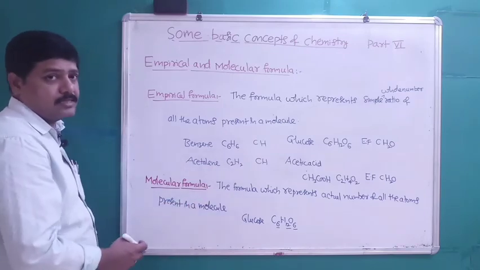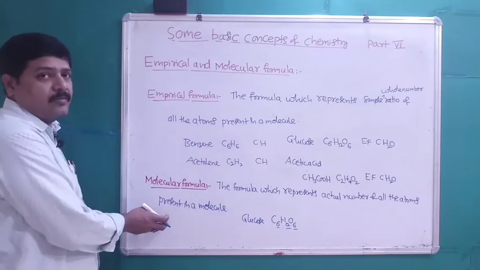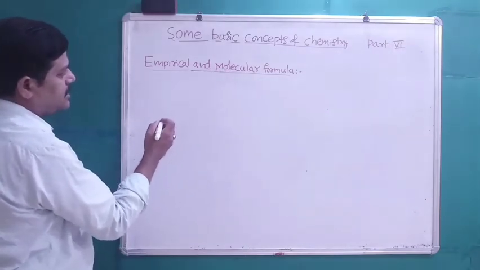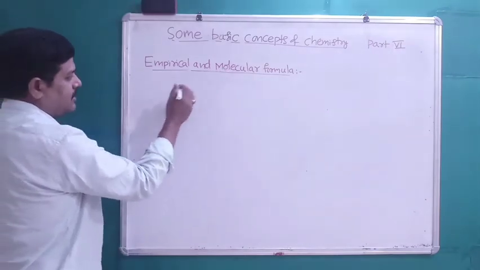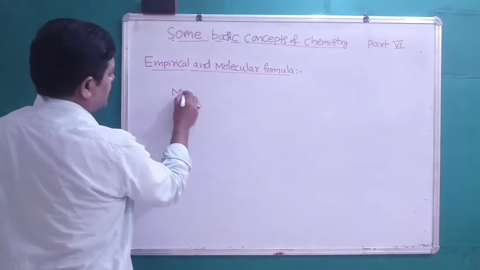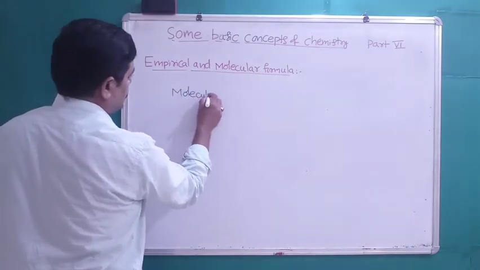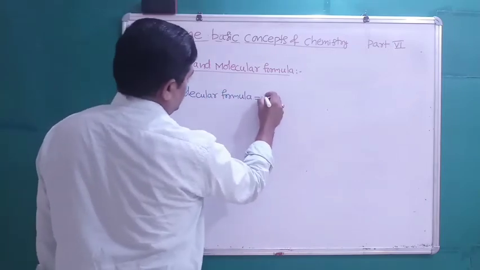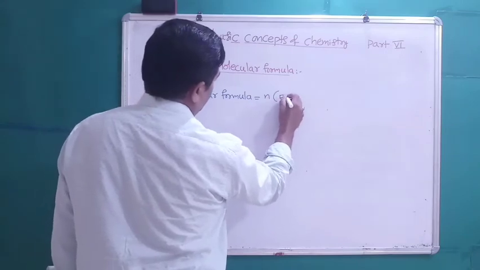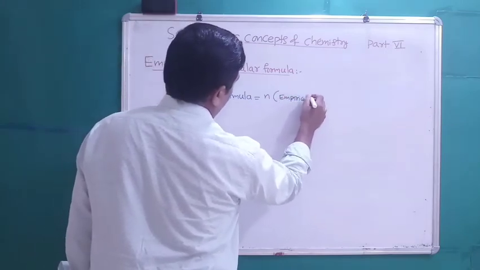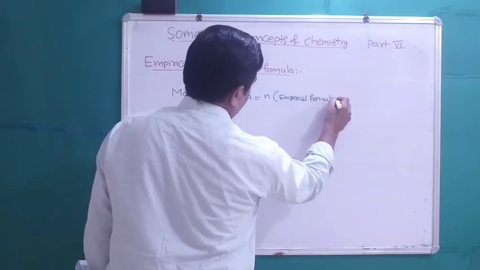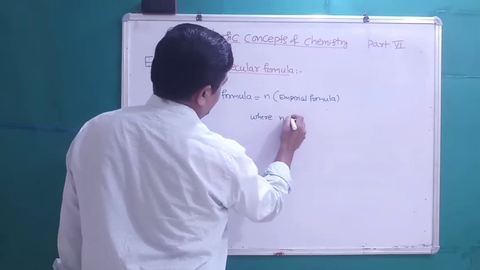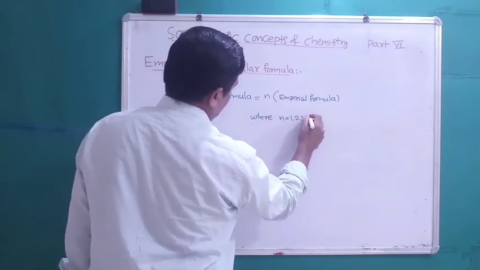Okay, so let us do some numericals. How to calculate the molecular formula? Students, the relation between molecular formula and empirical formula is: molecular formula is equal to n multiplied by empirical formula, where n is equal to 1, 2, 3, 4 and so on.